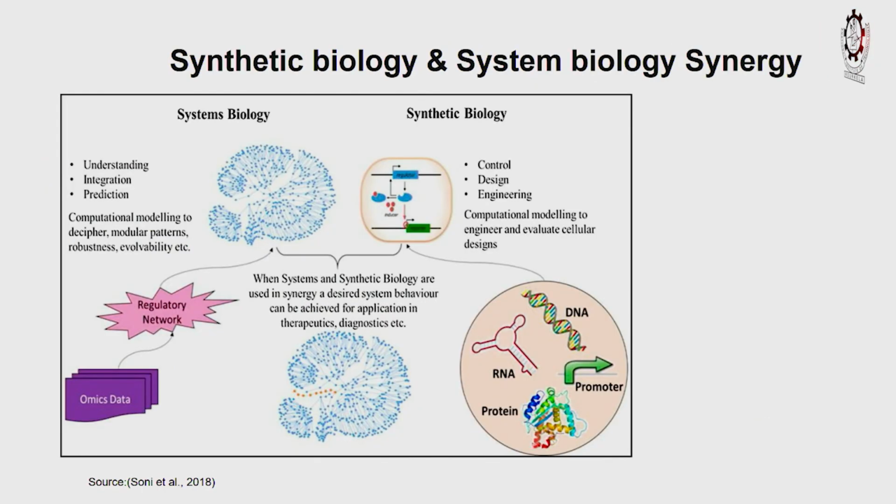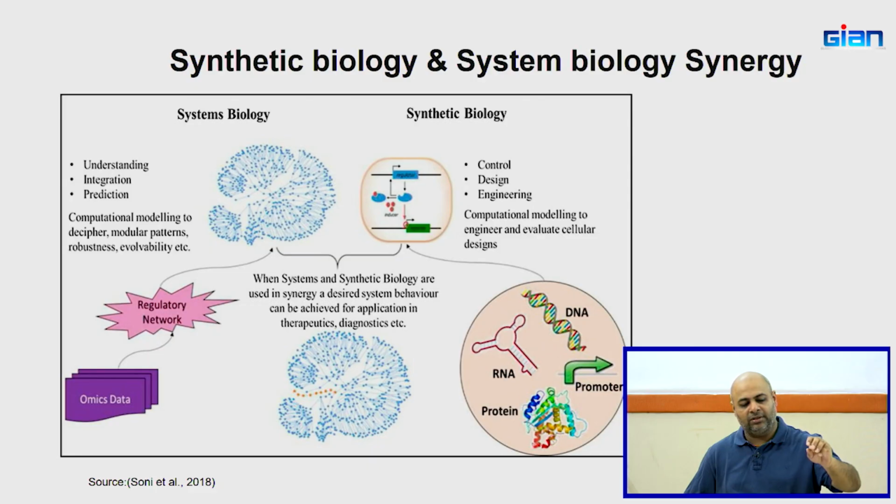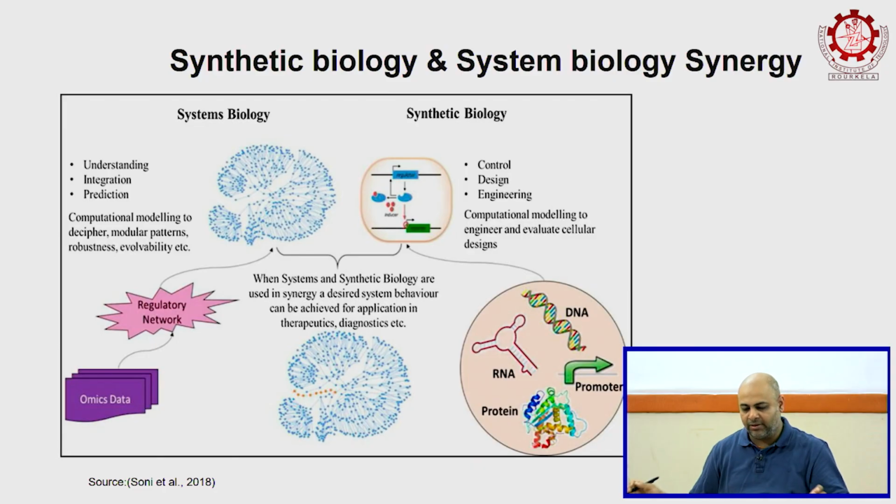So, synthetic biology and systems biology have a synergistic relationship. Systems biology is understanding, integration and prediction using computational models. Once you have all that information using all the omics, you can develop mathematical models. Synthetic biology is control, design and engineering. Using computational models, you are designing new things, specific molecular events.